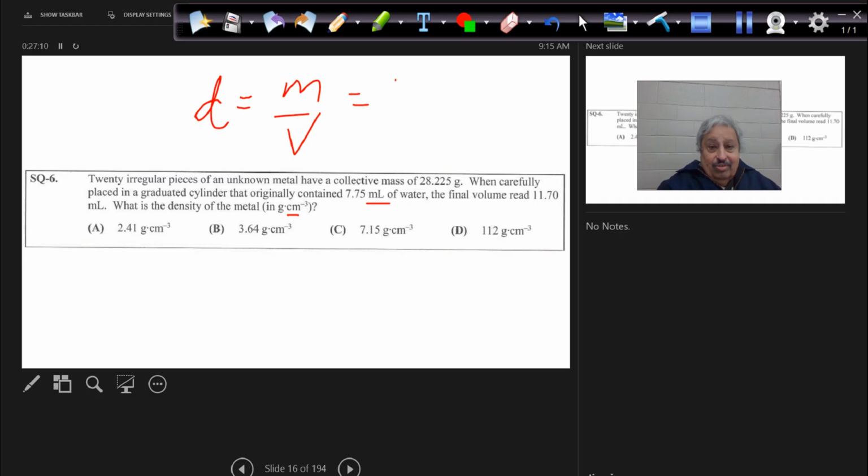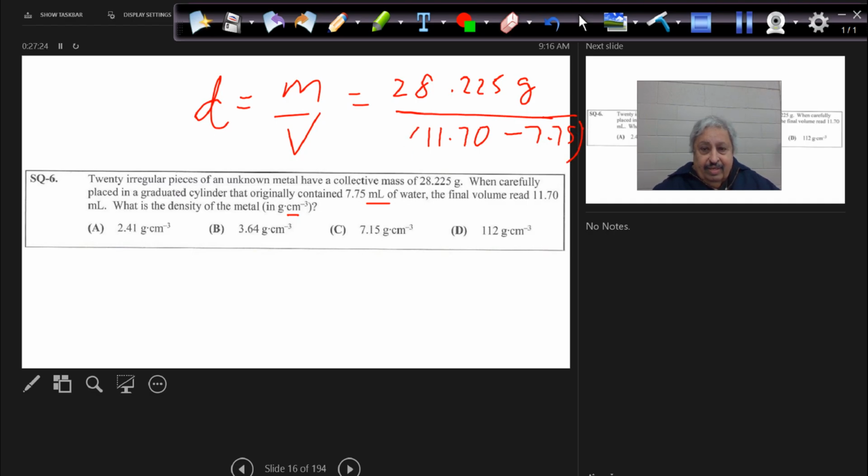Mass is 28.225 grams. Volume is the difference between 11.70 minus 7.75. So you have to have 2 digits after the decimal. 2 digits, here 2 digits.